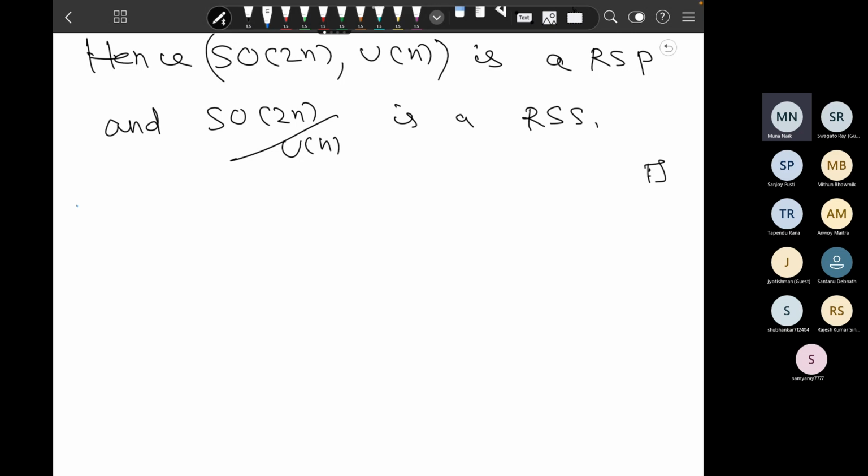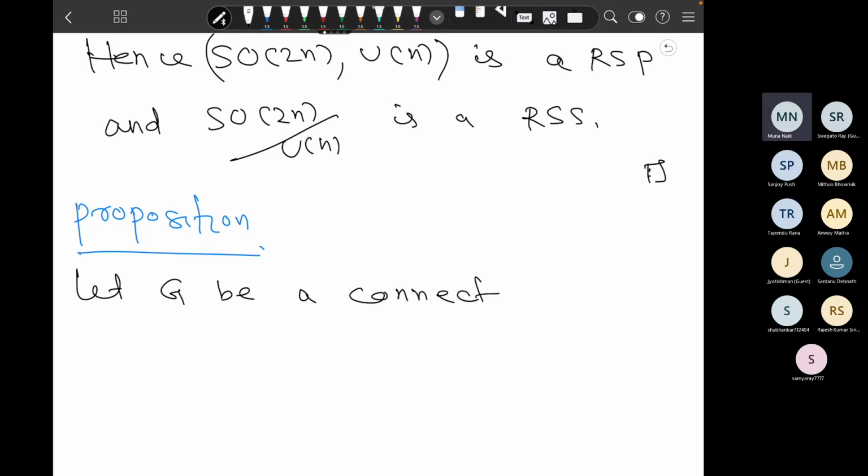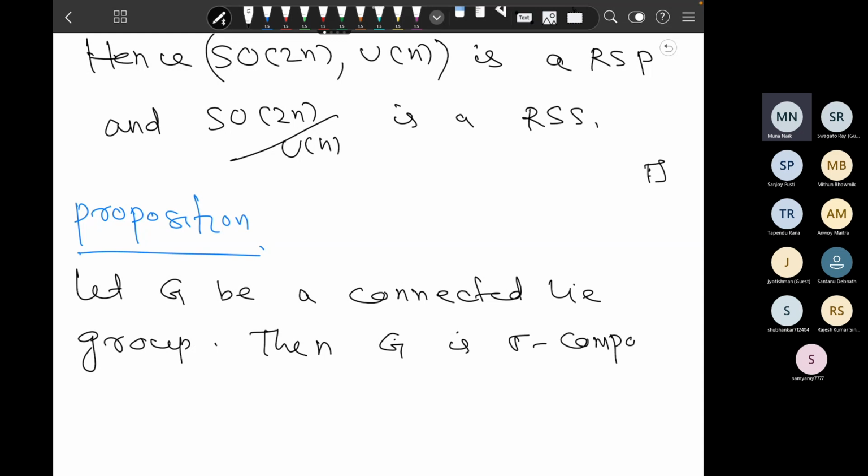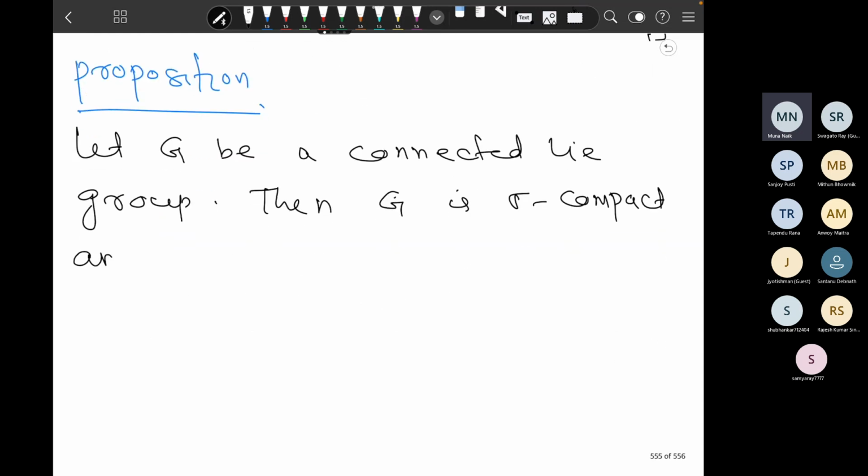So first I want to prove a proposition. Let G be a connected Lie group. Then G is actually sigma compact, and second countable. We will only use the fact that G is sigma compact, but something more is true.